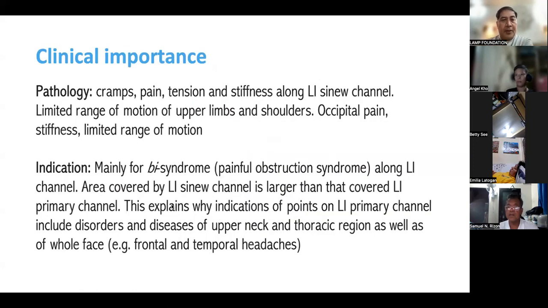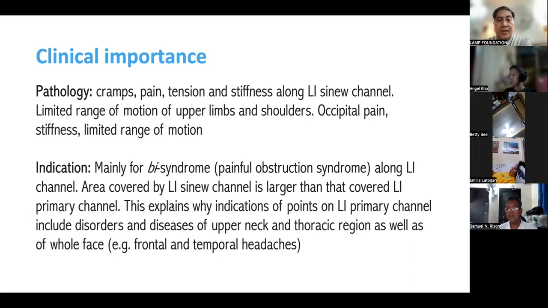For pathology, there are cramps, pain, tension, and stiffness along the LI sinew channel. Cramps, right? Muscle. So it's a muscle channel, sinew channel. Limited range of motion of the upper limbs and shoulders, occipital pain, stiffness. Its indication is mainly for B syndrome, which we also call the painful obstruction syndrome, along the LI channel.